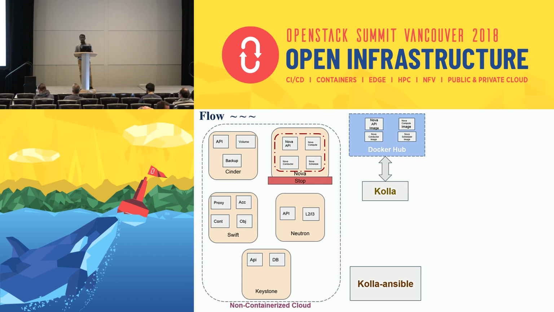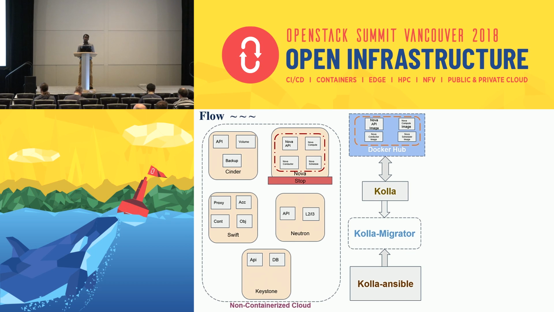Once you have the images of Nova API in Docker Hub, you can pull that image once we trigger the migration with Kolla Migrator. Kolla Migrator will be the new tool to migrate your existing cloud to containers. So this is the initial flow you can see.